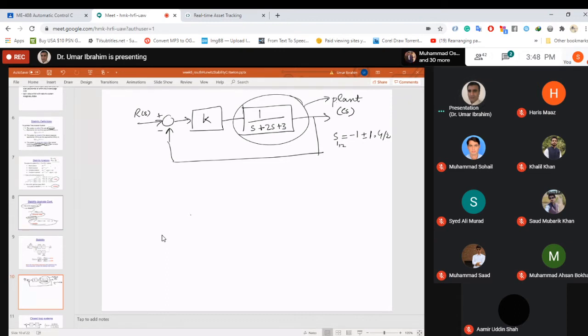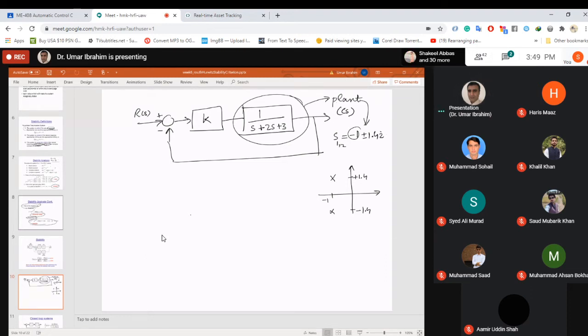Can anyone answer the question? Is the plant with the roots minus 1 plus minus 1.4 iota stable or unstable? The plant itself is stable. Why? Because the real part is negative, or the roots are in the left-hand plane. Minus 1, and plus 1.4, minus 1.4. Clear? So the plant itself is stable.